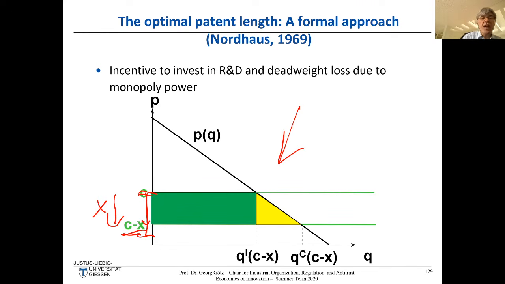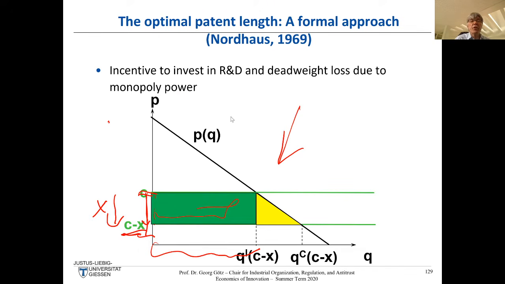If you have made an invention which provides you just with this green area, and you have this cost reduction from c to c minus x, you could just license this technology to a rival at a price of x times q_I of c minus x, and that would just be the same profit you can realize by licensing as you can by using it yourself. So it doesn't really make sense in a Bertrand world of homogeneous products to license.